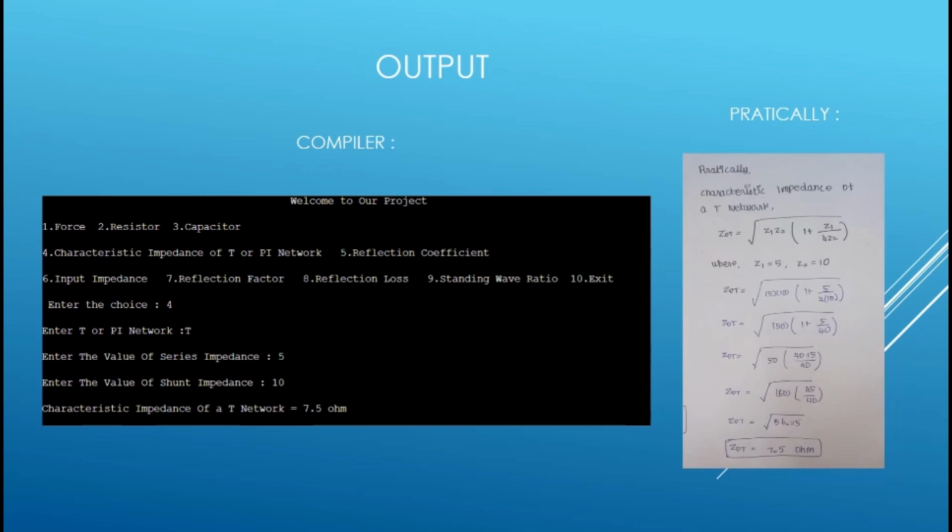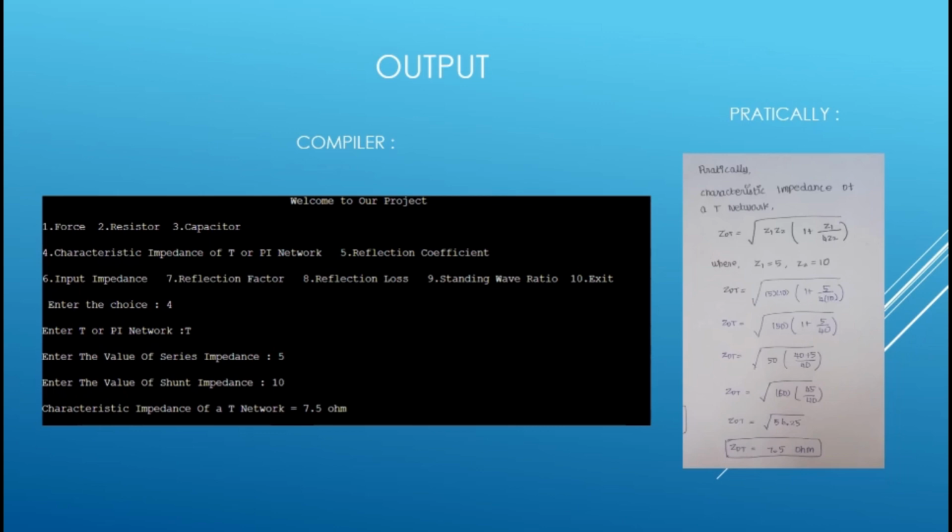Once we enter T network, some details are required: the value of the receiver impedance, shunt impedance and the value of series impedance. If we enter series impedance 5 and shunt impedance 10, it will produce the output: characteristic impedance of T network equal to 7.5 ohm.